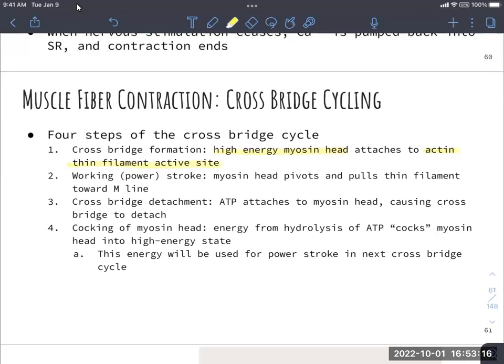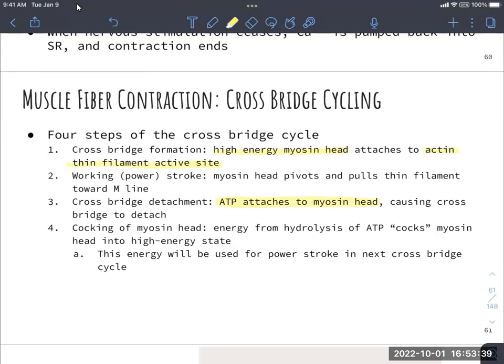For the cross bridge to detach, so those myosin heads actually detach from the actin, ATP will come in and attach to that myosin head, and that's what causes the myosin to let go of that actin filament.